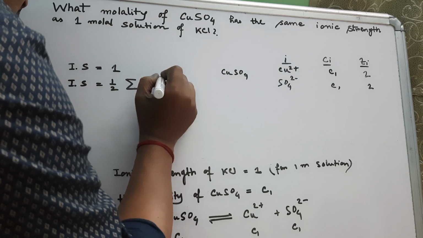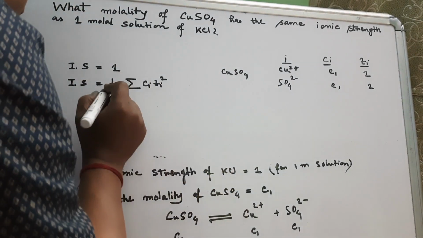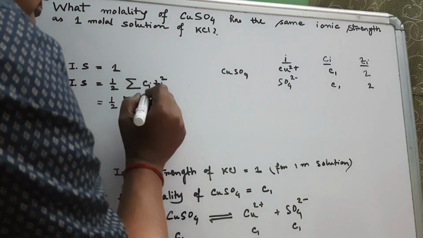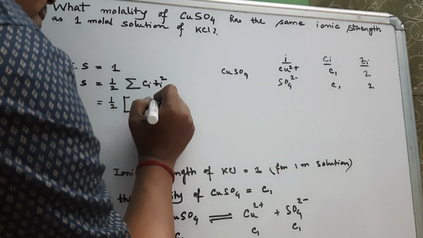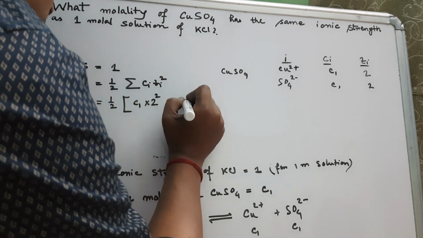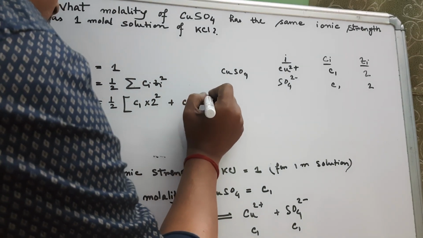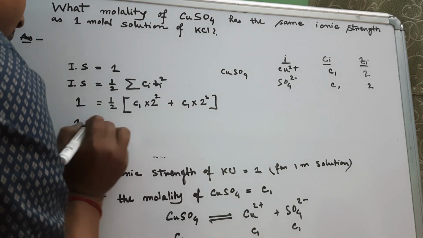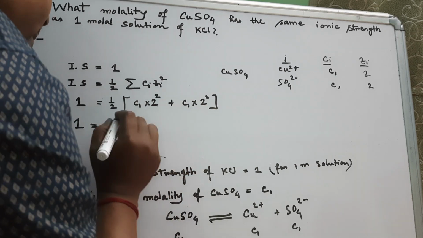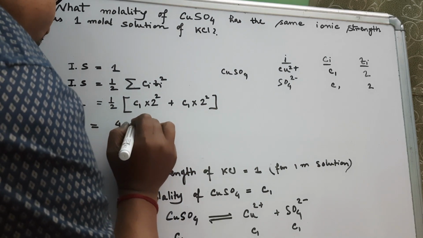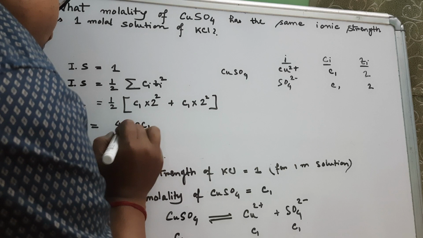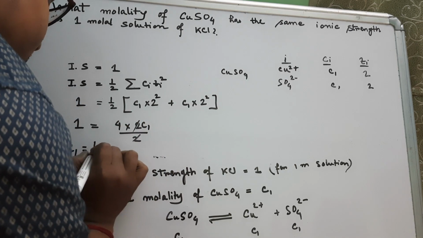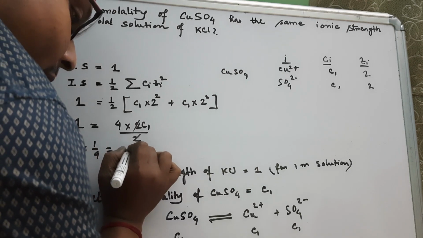It will be half into C1 into 2 square plus C1 into 2 square. The ionic strength will be 1, and from this equation, 2 square will be common. So 4 into 2C1 by 2, that is C1 equals 1 by 4, that is 0.25.